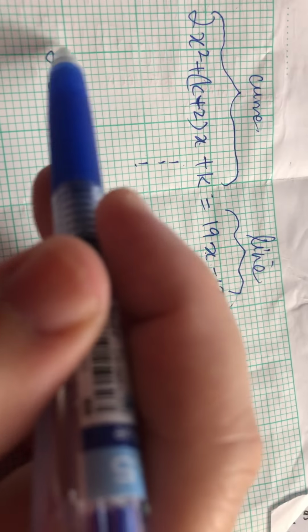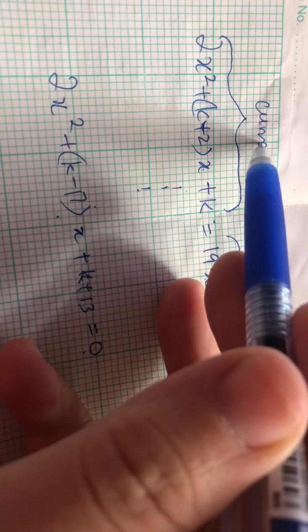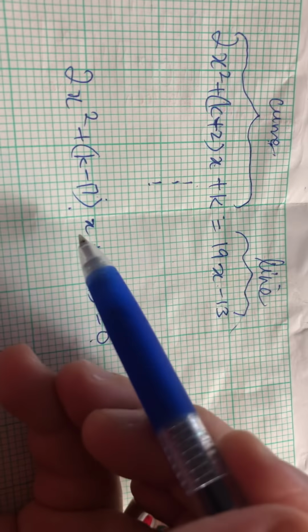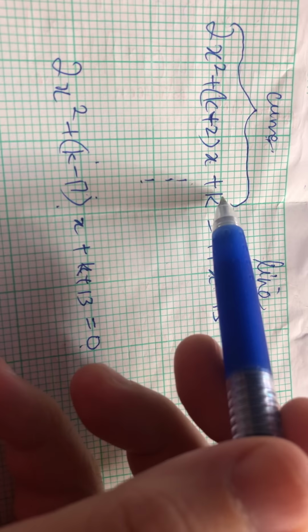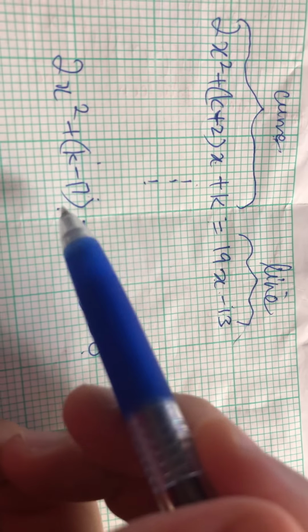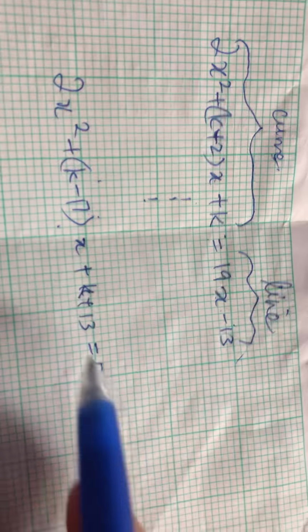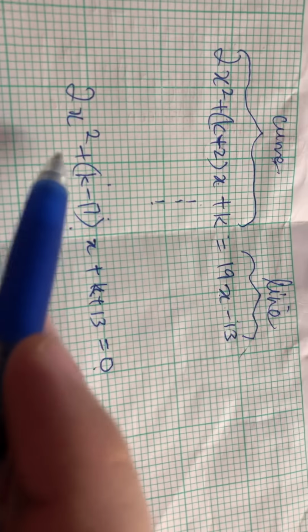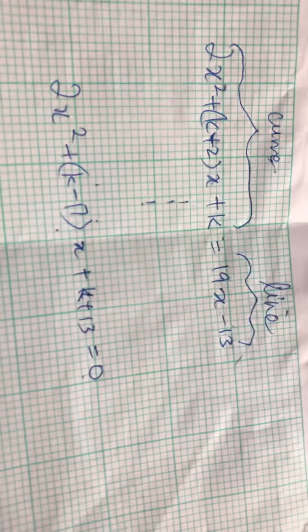Okay, this expression here does not represent your original curve, and of course it does not represent your original line. It is more or less a combination of this curve and this line together, and these two are equivalent. That's why you can solve this by solving this, because they are equivalent to each other.